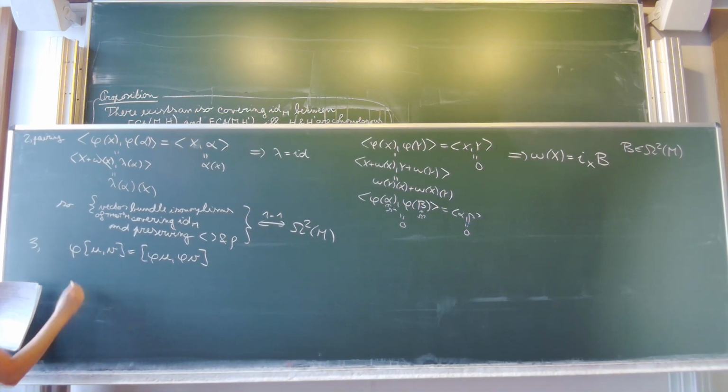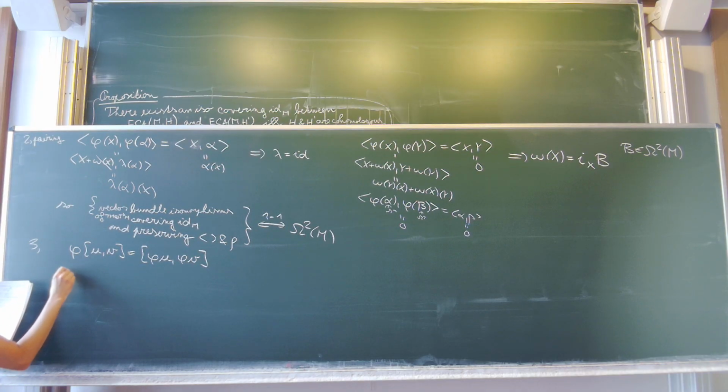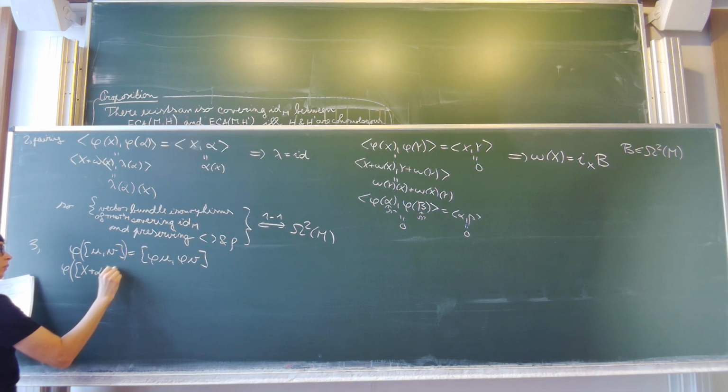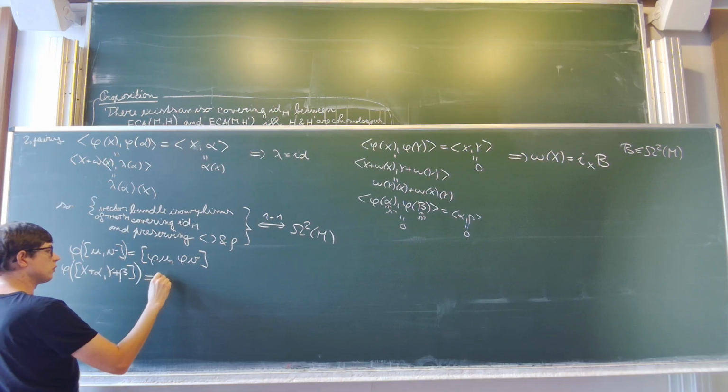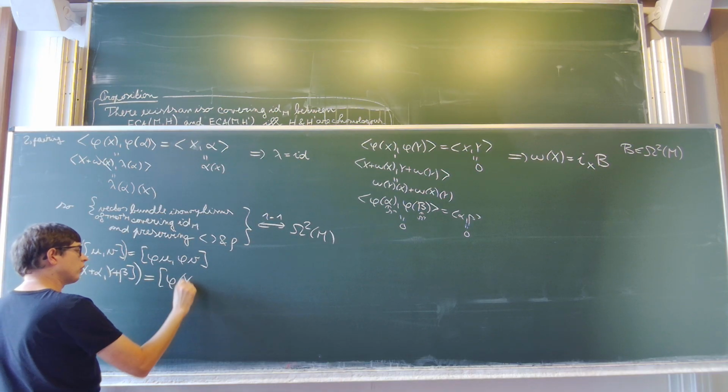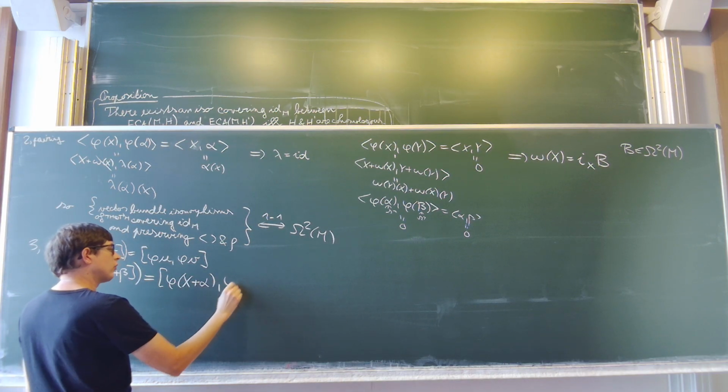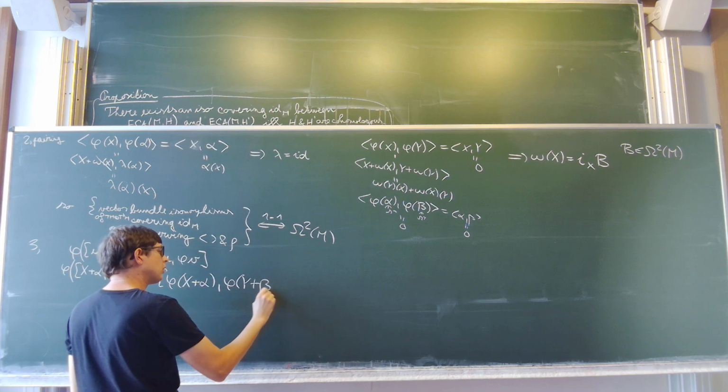Okay, so let's write this thing and calculate. So, well, let me just say x plus alpha, y plus beta, and this thing should be equal to the bracket of phi of x plus alpha, phi of y plus beta.